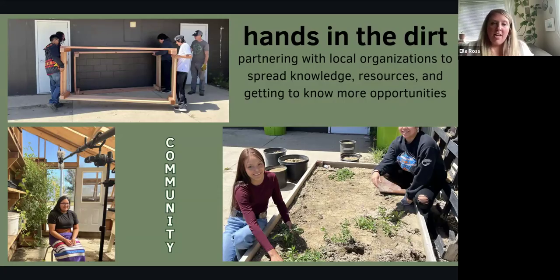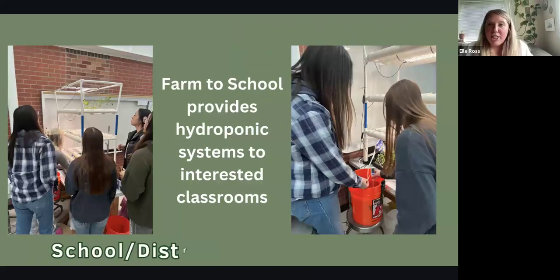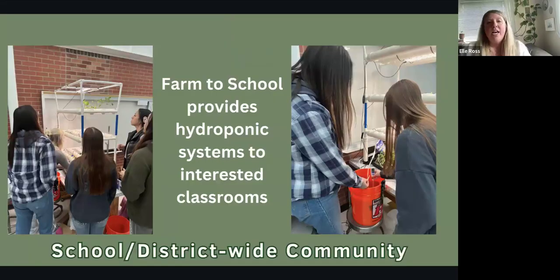So we're very lucky to have students and teachers willing to engage with Farm to School and think of larger projects outside of just our school, but more for our community as well. And that includes being able to offer different services, different equipment.